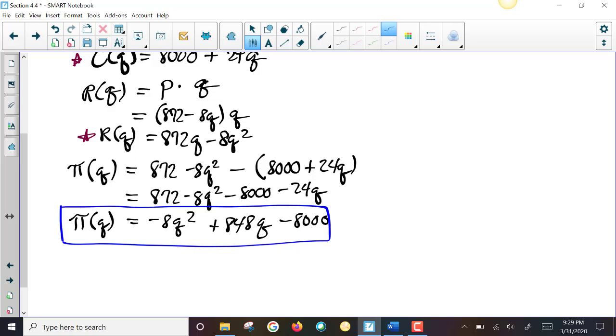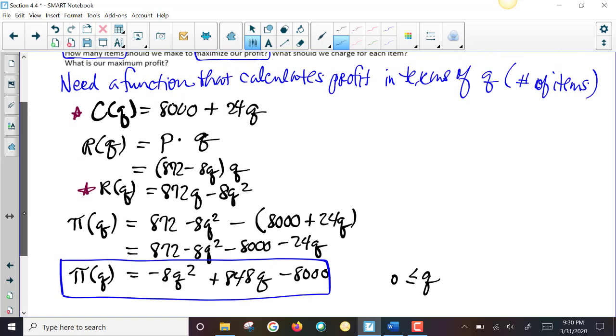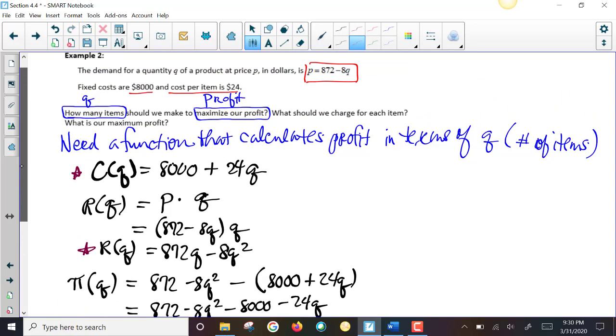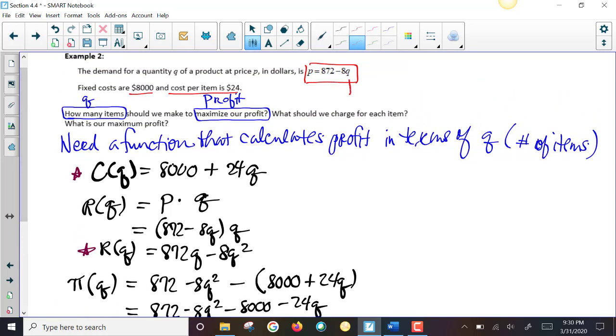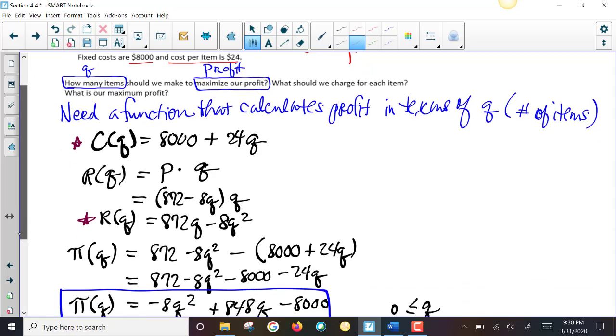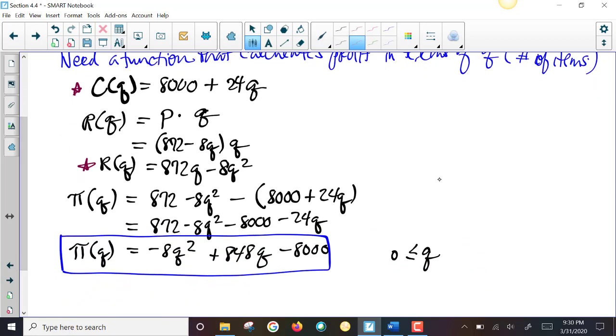Produced, sold, etc. Okay, so what are the restrictions on Q here, on quantity? All right, so Q we know has to be greater than or equal to 0. Now, is there a maximum quantity that we can sell? Well, let's think about it. What is quantity dependent upon, or what depends upon quantity? Price, right? So we want a quantity that's not going to produce a price of 0 or less.